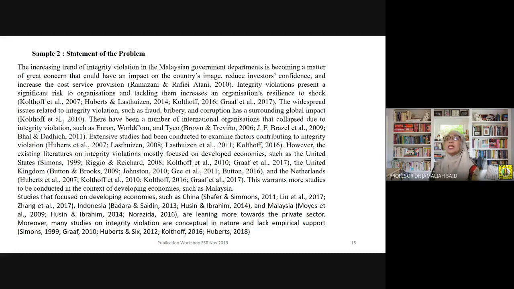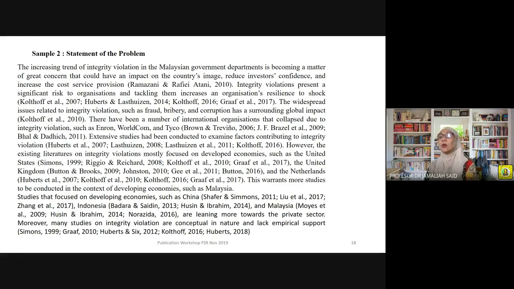In the second paragraph, he wants to further strengthen why a study on integrity violation is important, and he supports it with past studies which say that studies on integrity violation are important. Then he starts mentioning integrity violation in developed countries, from Enron, WorldCom, Tyco.